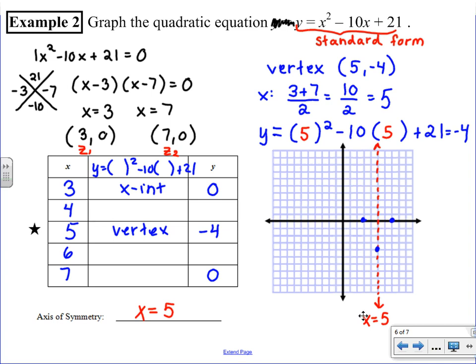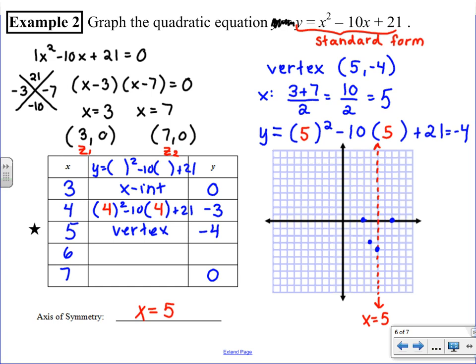I would have something squared minus 10 times something plus 21. Now that something is just whatever number I'm going with. So 4 squared minus 10 times 4 plus 21. You can evaluate that in your calculator. In fact, I'd encourage you to press pause and then check out your answer. We would get negative 3. So let's go ahead and graph that. So (4, negative 3).